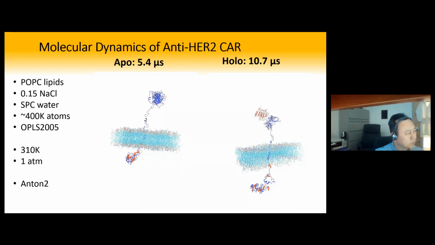Okay, so here we simply did two systems. This is the alone APO system that basically has the receptor alone. And in this one, we put the antigen in the system. So this is the holo system. It basically mimics the activation, right? Remember this binding will induce a response inside.